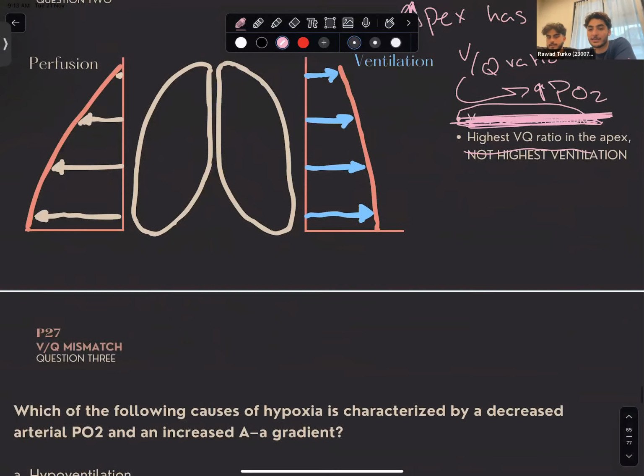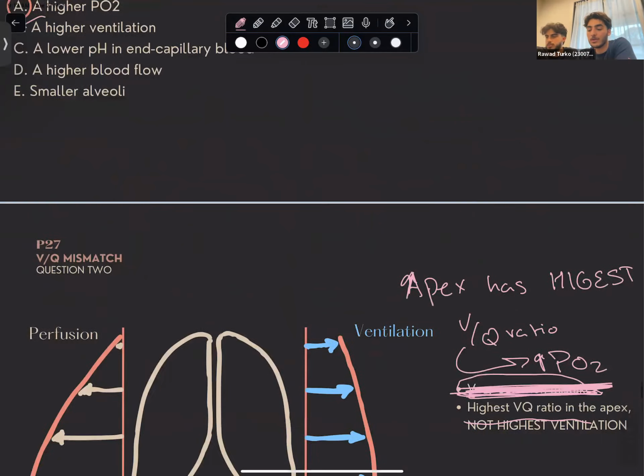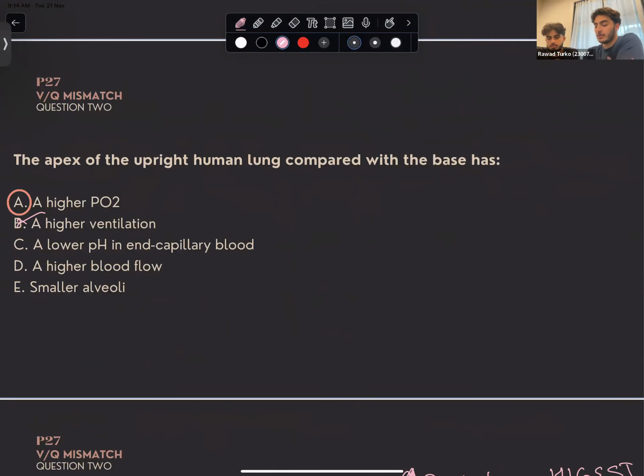Wait, so the question is asking about the ratio. Again, what I mentioned to you, when we're talking about apex and base, always think ratio. So this is apex to the base. We're talking about comparing specific parts of the lung to one another. So the apex compared to the base will have a higher PO2. Like the capillaries leaving the apex will have higher PO2 than the capillaries leaving the base.